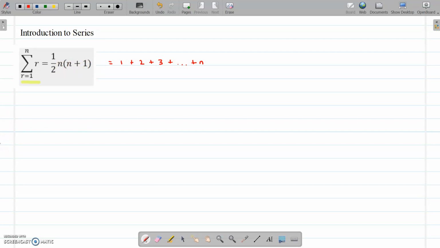But I'm going to show you a particular case when n equals 100. In other words, the sum of all the numbers 1 plus 2 plus 3 plus 4 plus 5 and so on up to and including 100. Now this was a famous maths problem.